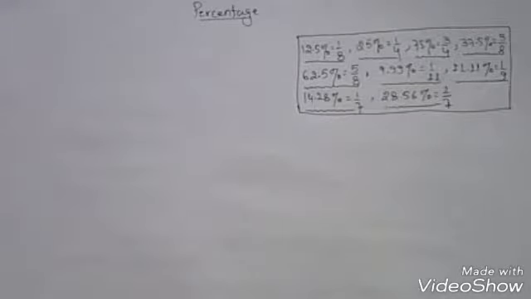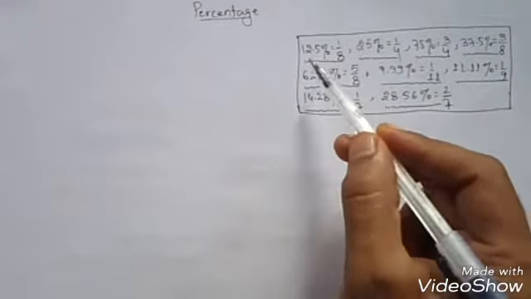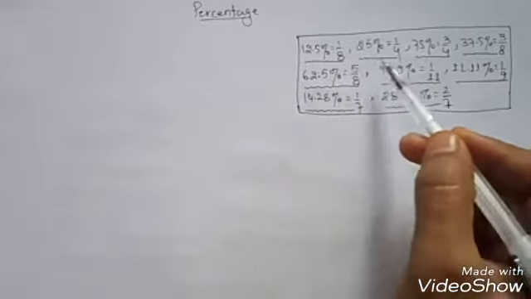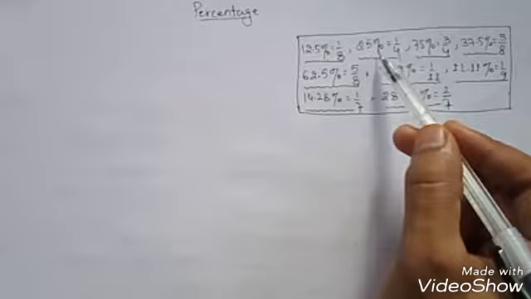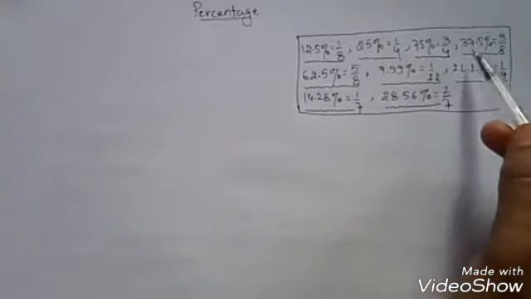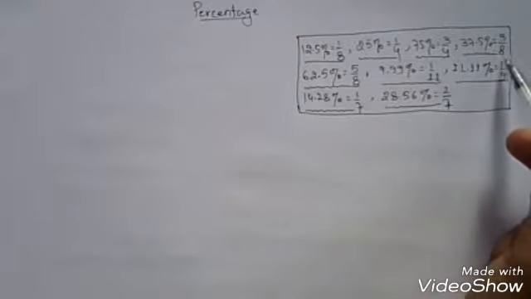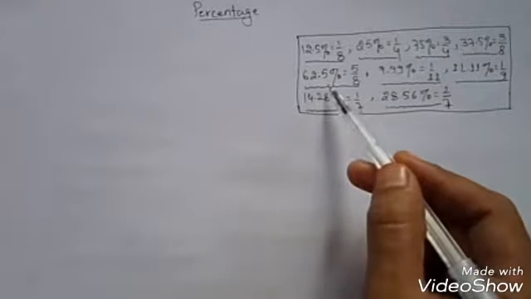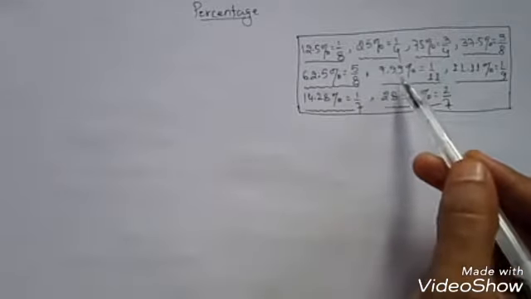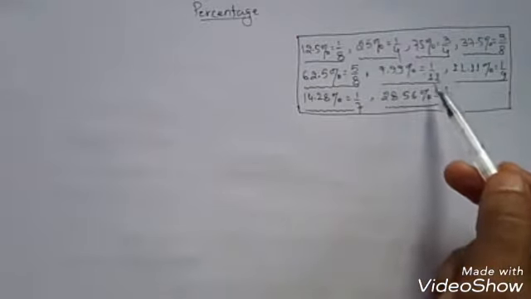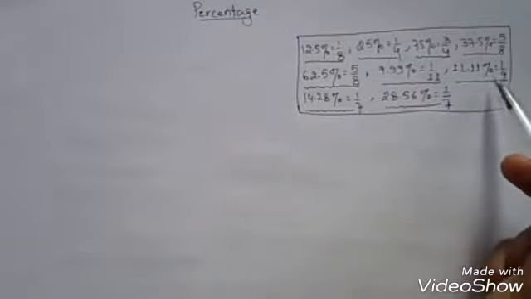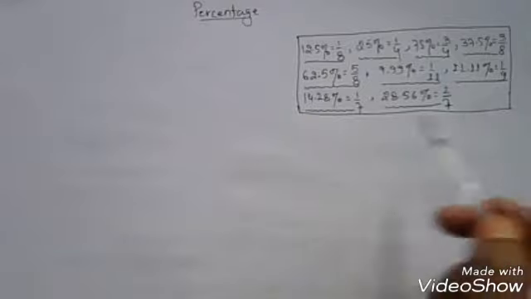So friends, these are some values of percentage. 12.5% is equivalent to 1/8. 25% is 1/4, 75% is 3/4, 37.5% is 3/8, 62.5% is equal to 5 by 8, 9.09% is equal to 1 by 11, and 11.11% is equal to 1/9, right?